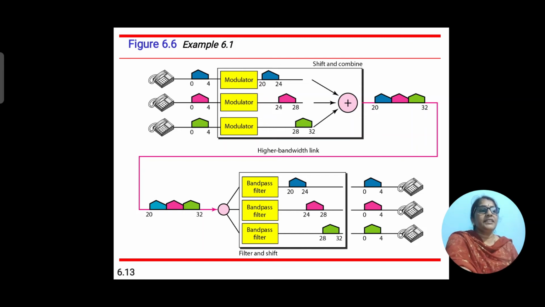Then it is fed to the higher bandwidth link by which we are sending these signals, and there the band pass filters filter each signal according to its frequency, that is 20 to 24 kilohertz, 24 to 28 kilohertz for the second channel, and 28 to 32 for the third channel, to their receivers.